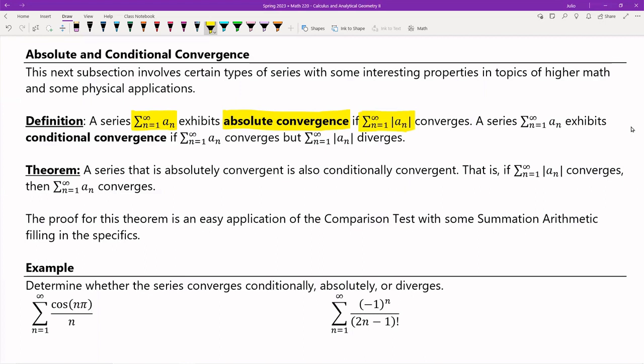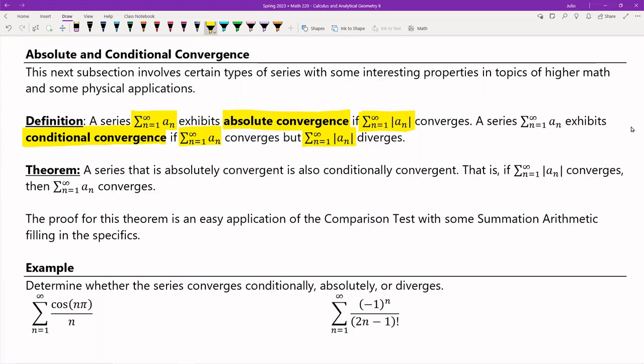A series is conditionally convergent if the series without the absolute value converges, but the one with the absolute value diverges. So absolute convergence is when the absolute value one converges, and the conditional one is when the vanilla one converges, but the absolute value one does not.